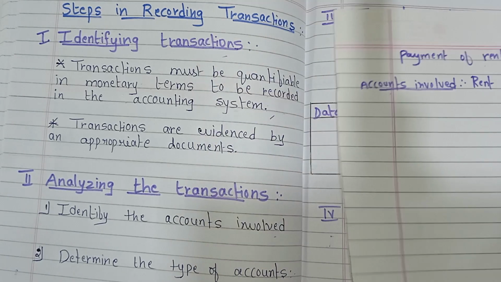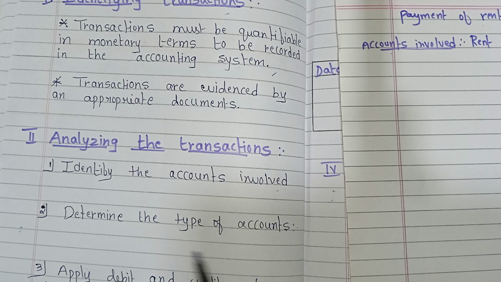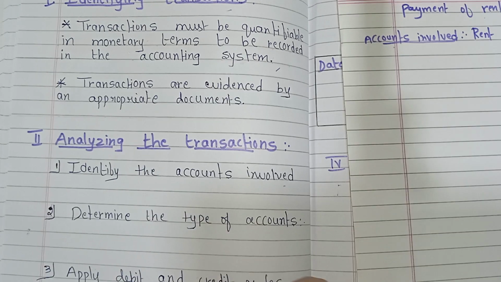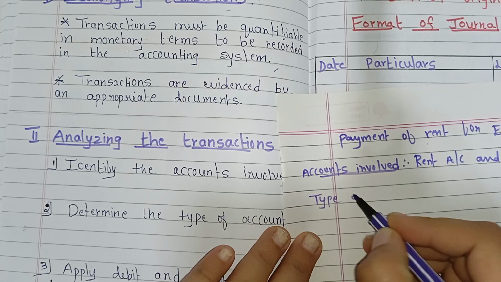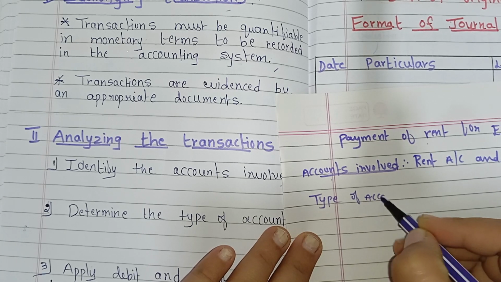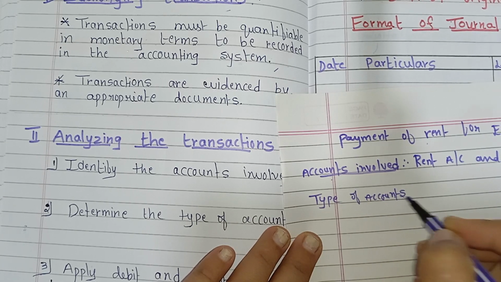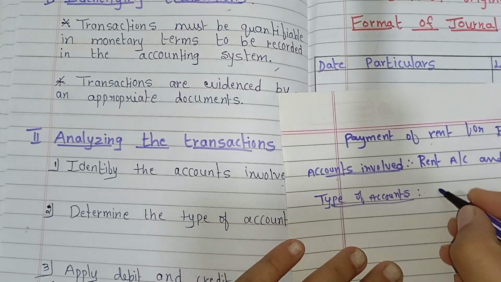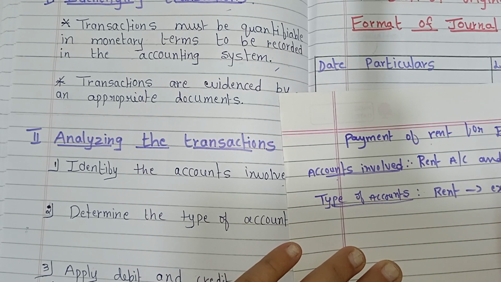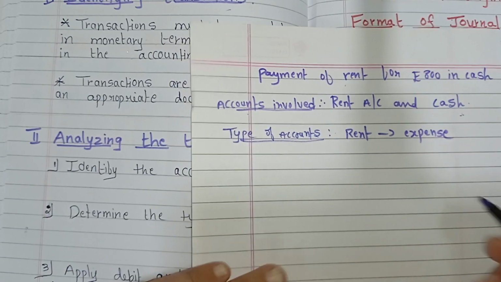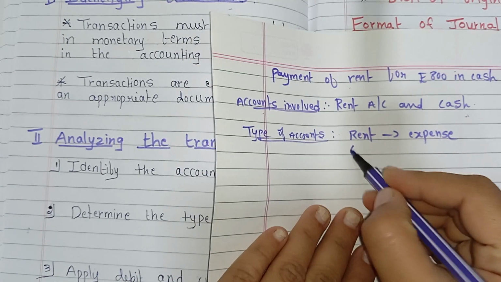After identification, what do we have to do? We need to determine the type of accounts. See here, rent will come under expense, and cash.